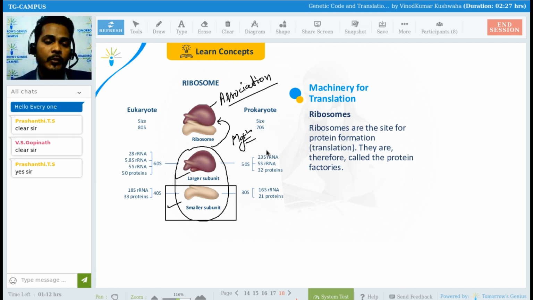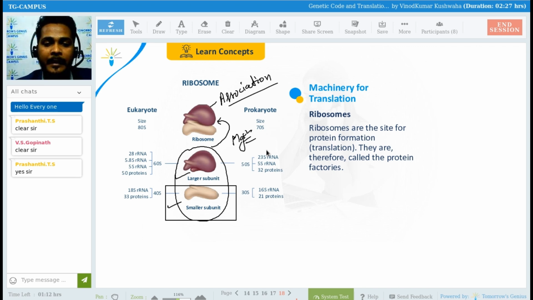Soon after the completion of protein synthesis, these subunits break apart. They separate. They were joined, and when the protein synthesis is completed, they separate to their own paths. So they associated, and once the protein is synthesized, later on they get dissociated.